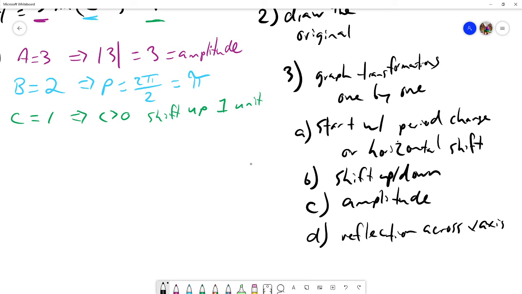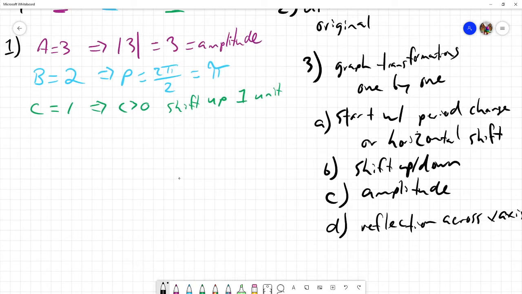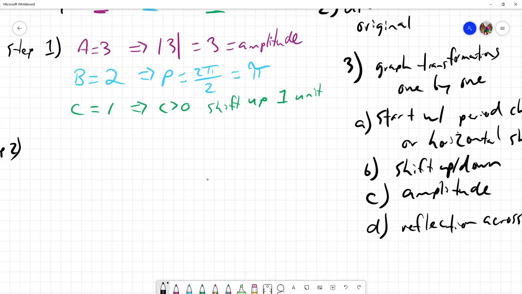So that's why I'm saving the amplitude for after the shift up and down, because I know some students get things mixed up in their head, and so this is just to avoid that. Then of course the last easiest one is the reflection, which we don't have in this problem.